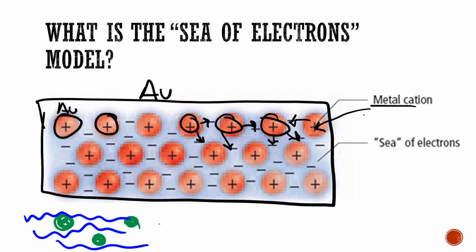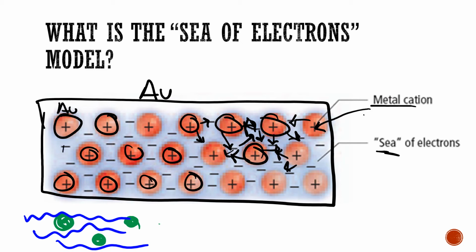And so here these metal cations are attracted to these electrons, which are also attracting other metal cations. So in this sea of electrons model, each little island is bonded together with different valence electrons that are surrounding it like water.